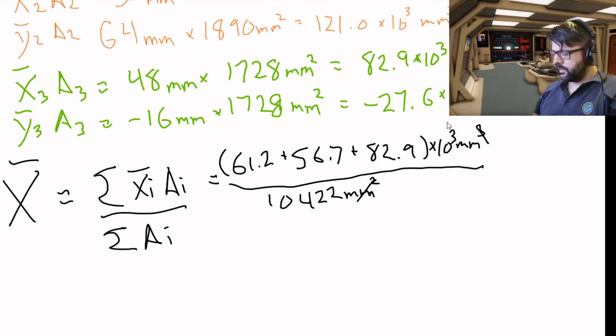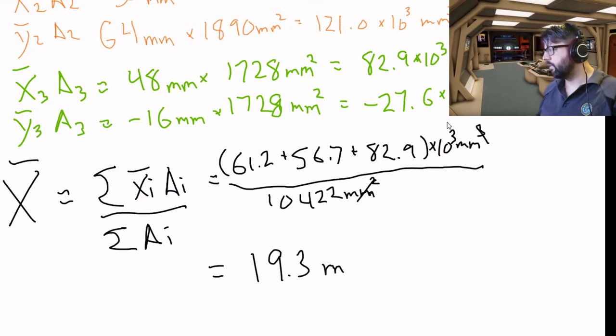So anyways, what does that work out to? Okay. Times 1000 divided by 10,422 gives us 19.3 millimeters for our X bar.